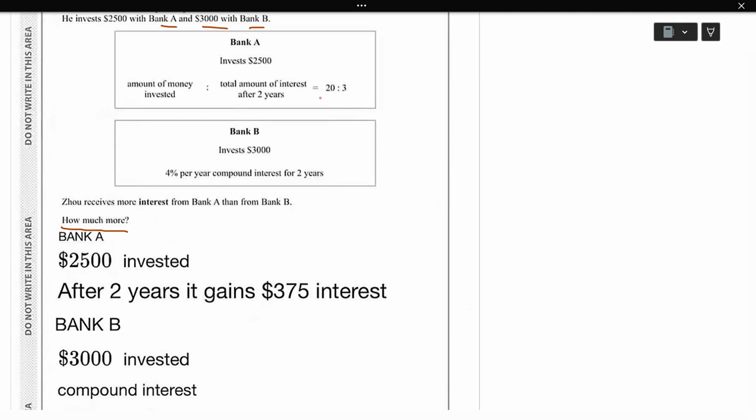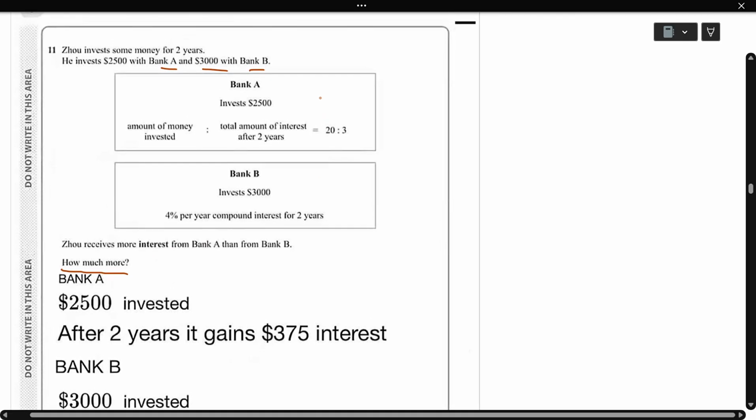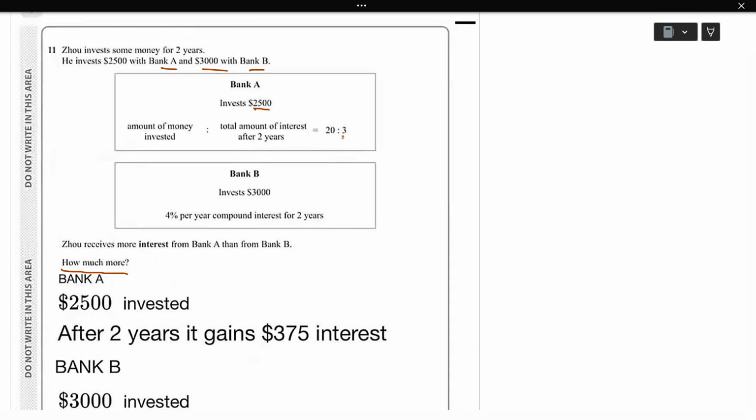Here we'll calculate the interest first. The investment amount is 2,500, but the interest is after 2 years only. The ratio is given, 20:3. This is the investment amount and this is the interest. The investment amount becomes 2,500, so we find how many times it increased.